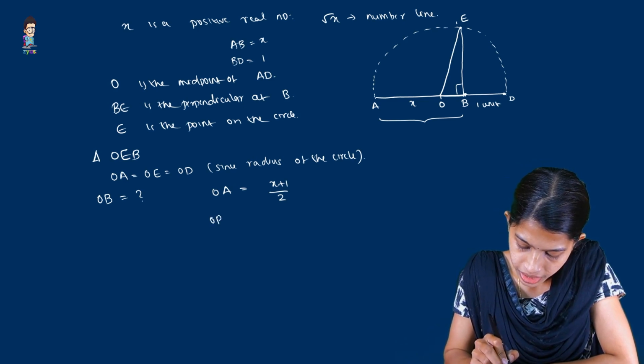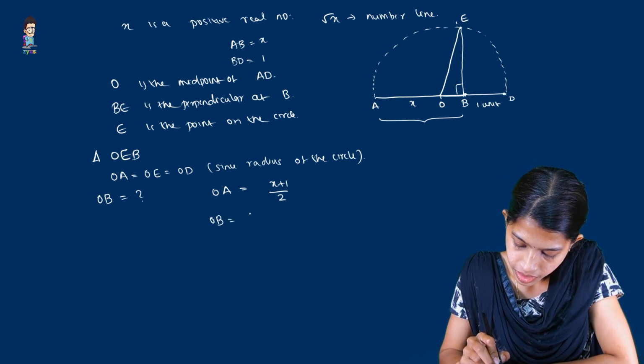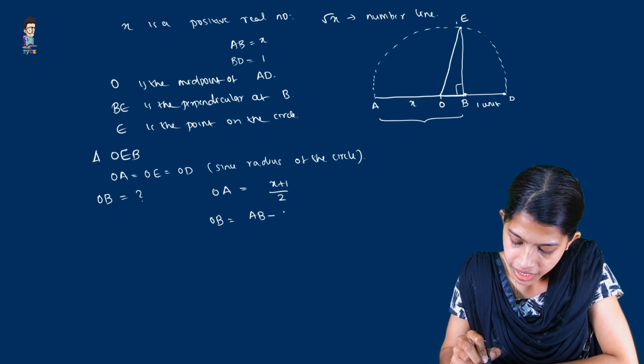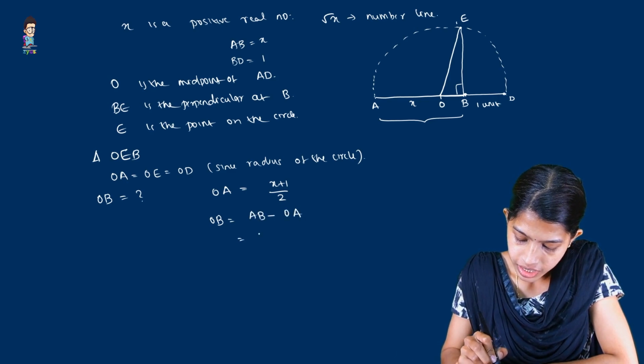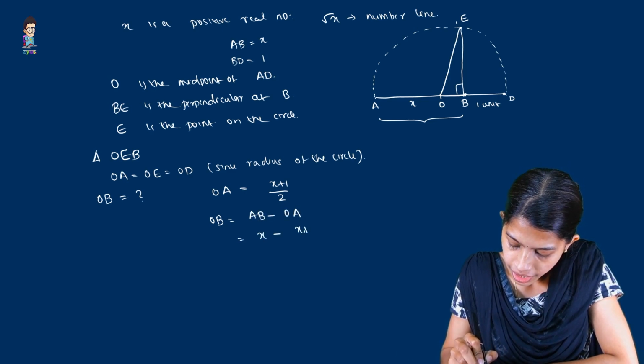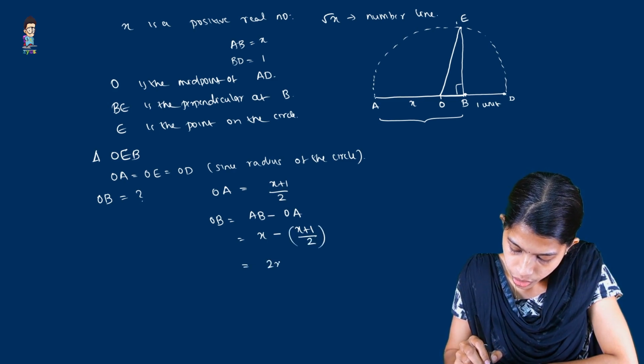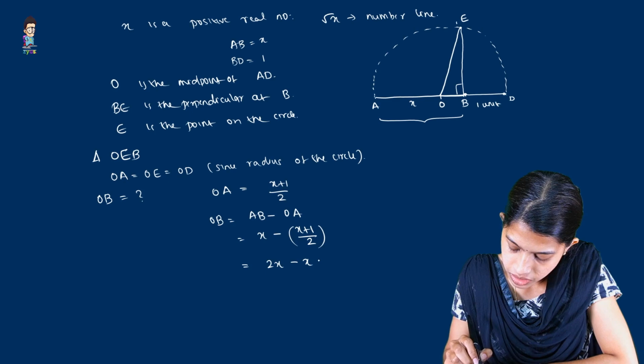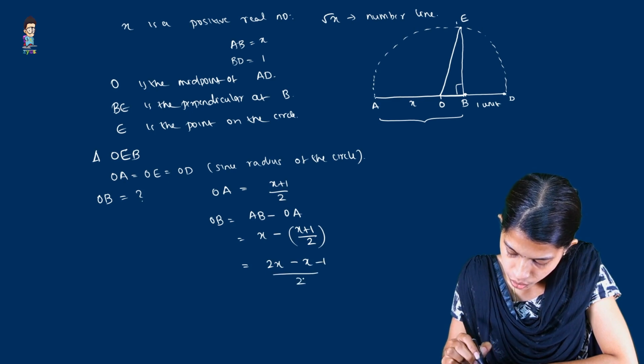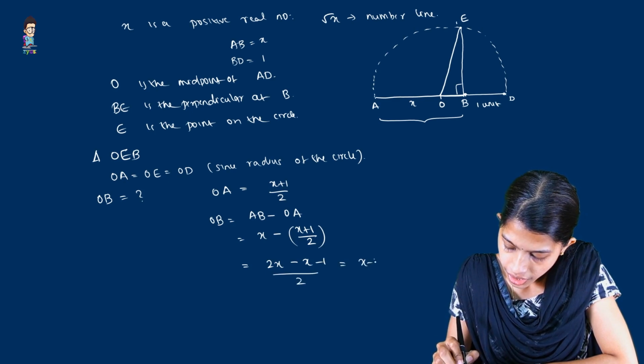That is, OB is equal to AB minus OA. That is, x minus (x plus 1) by 2.